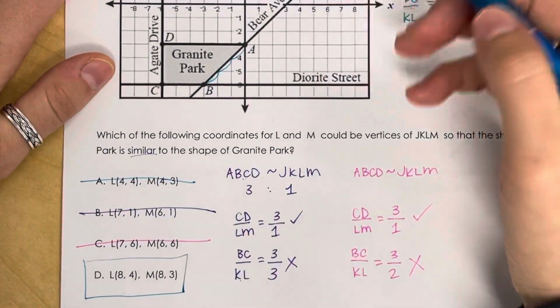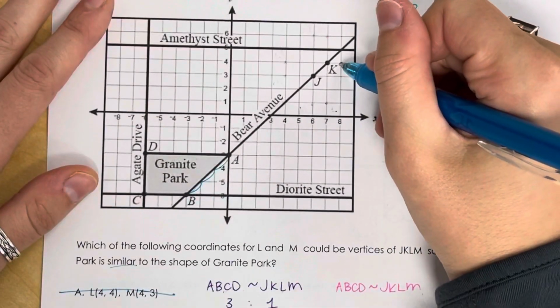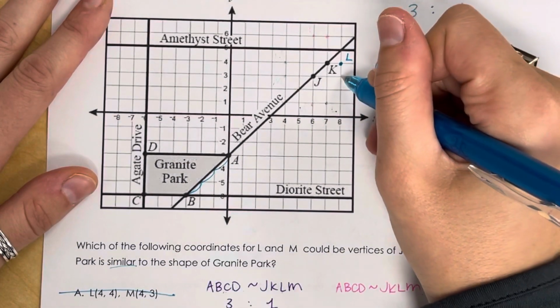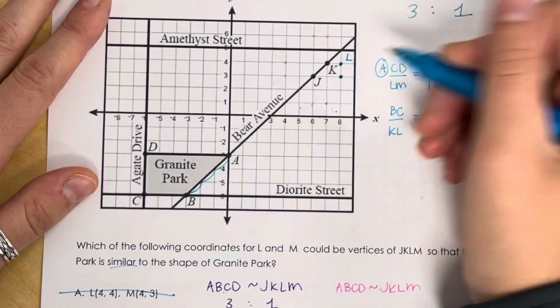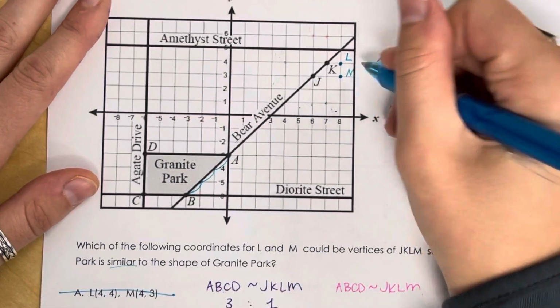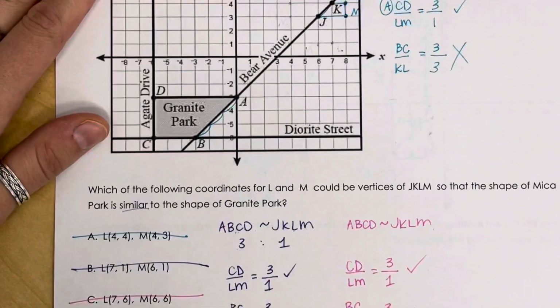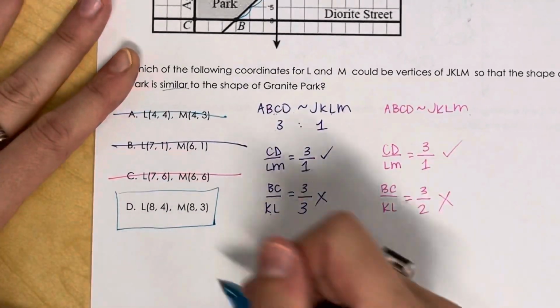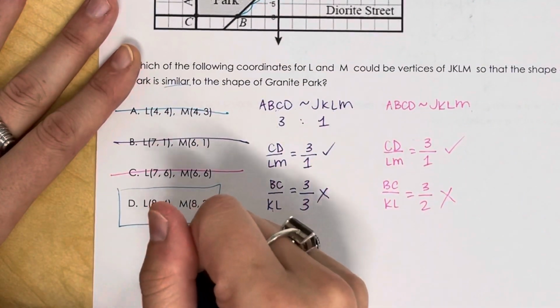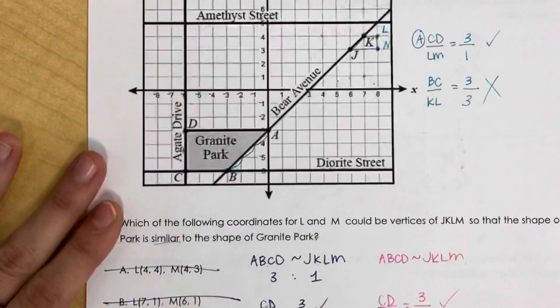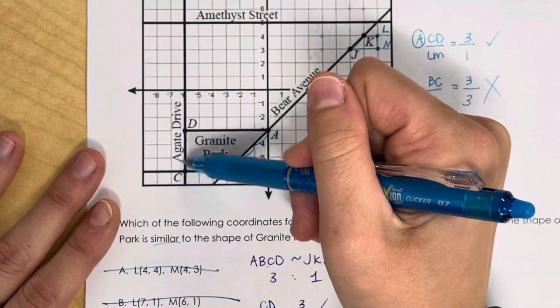So 8, 4 is L, and then 8, 3 is M. Okay, and we'll do the same thing here with my little picture. I'm going to write my proportions and see if they're the same, but they should be. So CD, if I look at my picture, is 1, 2, 3.